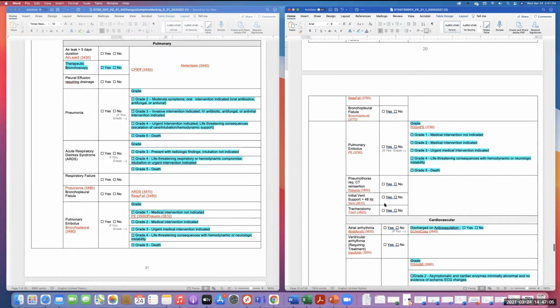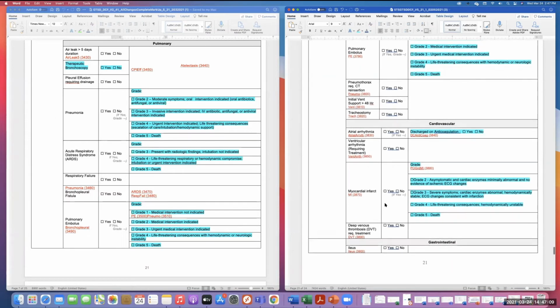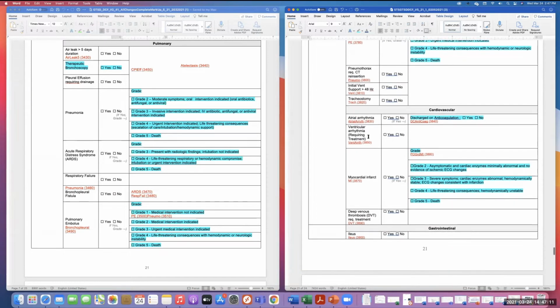And then atrial arrhythmia, this is another one. It does have CTCAE grading, but we were so far beyond what they were asking that we just want to know if they went home on some form of anticoagulation specifically because of the atrial arrhythmia. So Coumadin or Eliquis, Xarelto, whatever drug might have been picked. Ventricular arrhythmia requiring treatment.